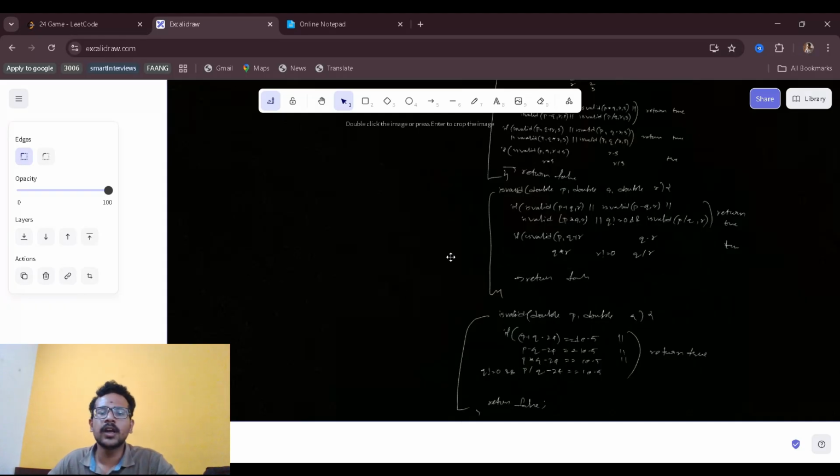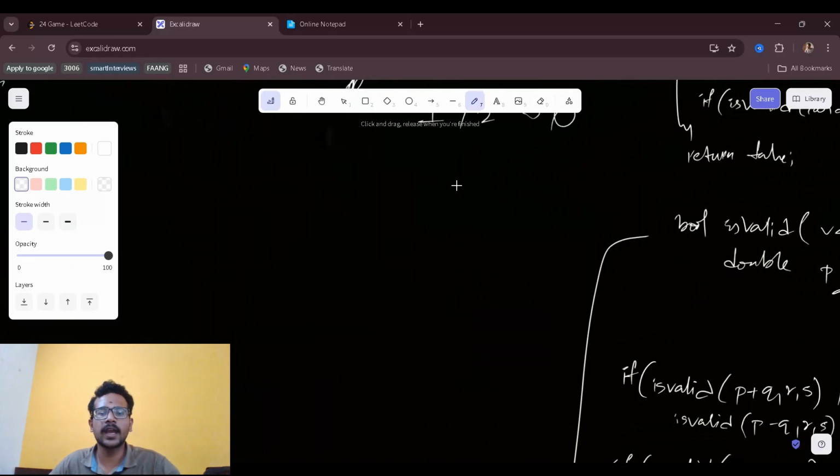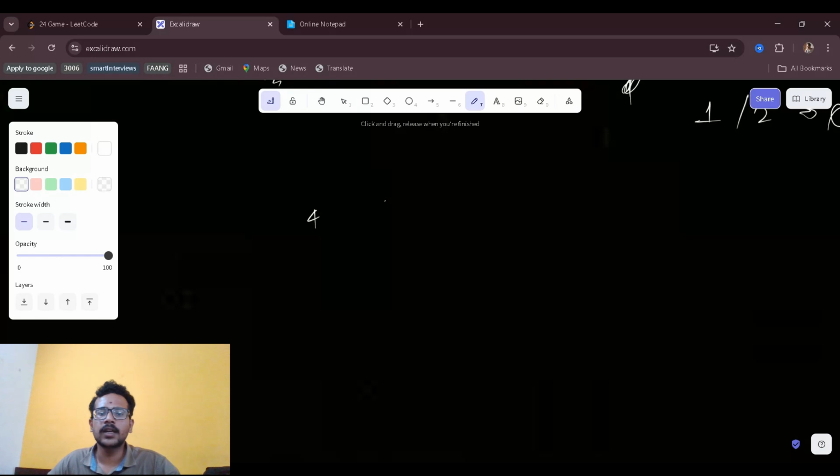It is taking very little time. So how many permutations can I get? I have four numbers, so how many permutations can I place these 4 in? 4 factorial is nothing but 24. Now 24 times how many operators I have, right? 4 operators, so I can place plus, minus, multiplication or division.